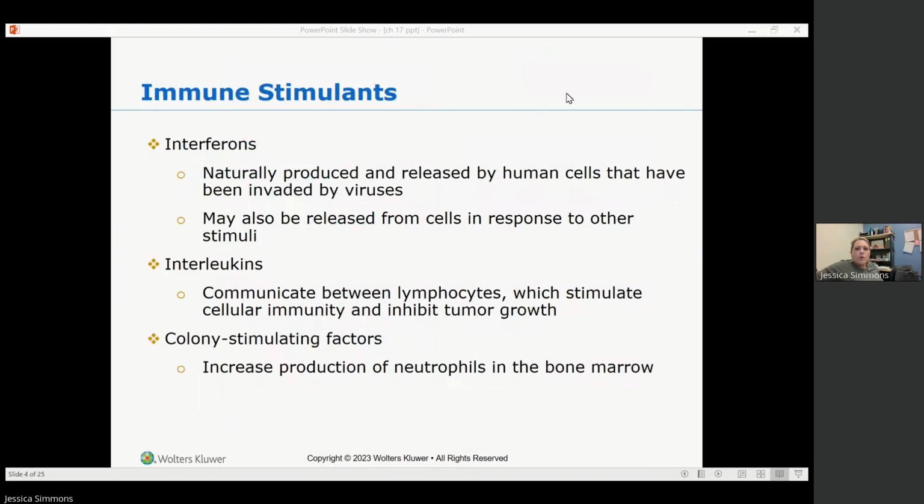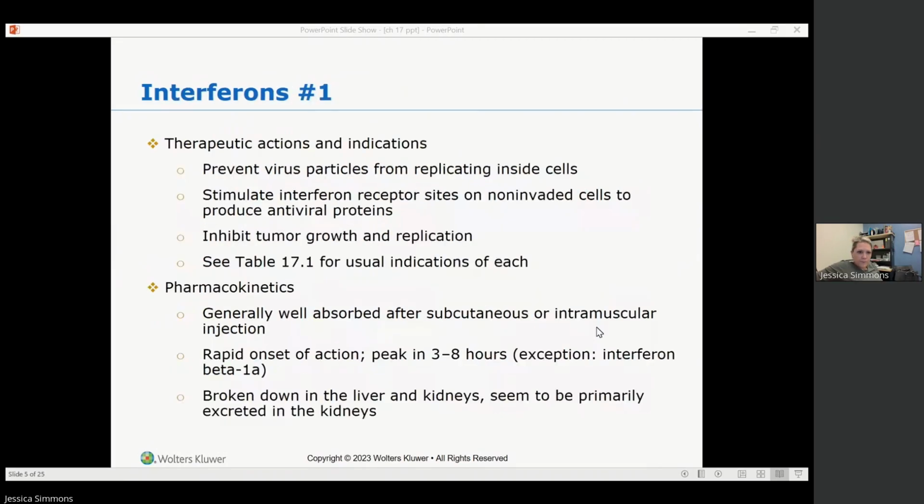So, immune stimulants, we have interferons, which are naturally produced and released by human cells that have been invaded by viruses. They may also be released from cells in response to other stimuli. Interleukins communicate between lymphocytes, which stimulate cellular immunity and inhibit tumor growth. And then colony stimulating factors increase production of neutrophils in the bone marrow.